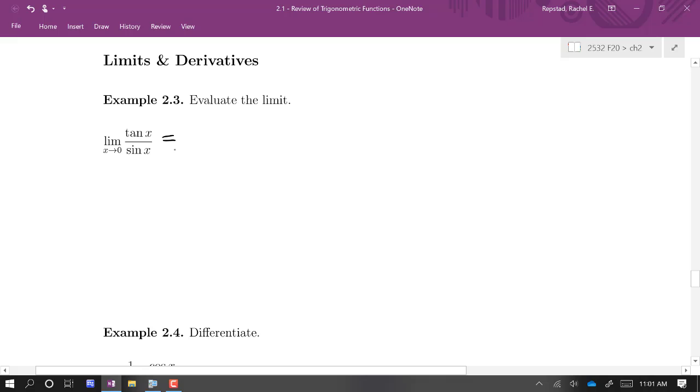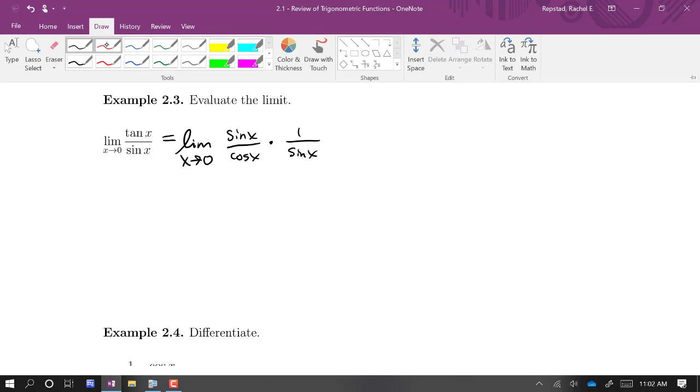What we're going to do is rewrite this. And I'm going to rewrite it first by writing tan as sine over cosine. So I have sine x over cosine x. Now we're dividing this by sine x, so I'm going to write that as times 1 over sine x. Now we can do some canceling.